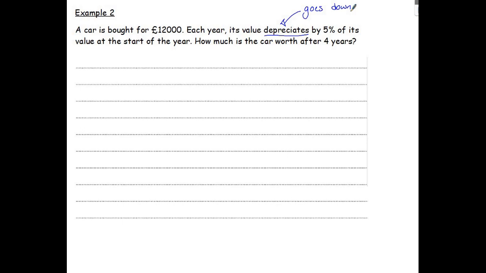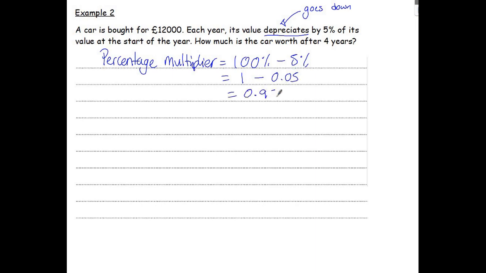Okay, so step 1, find your percentage multiplier. How do we do that? 100% minus 5%, which is going to be 1 minus 0.05, which is 0.95. Okay, then we find the time frame. So the time is 4 years.